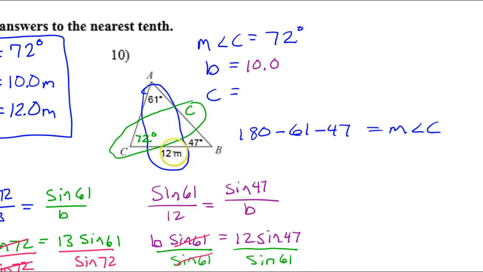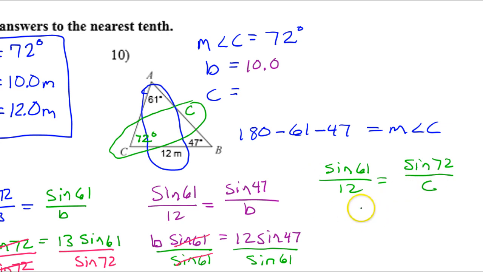So if I use the same ratio that I used last time, which was the fact that sine of 61 over 12 should equal the other ratios, then this time I'm going to have to do the sine of 72, because that's the one that is across from C.